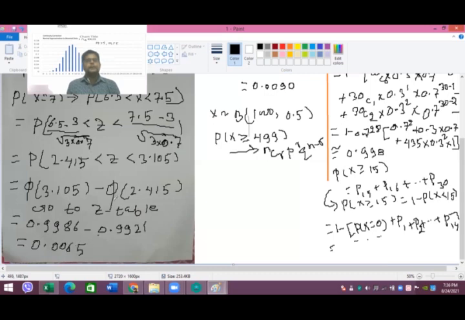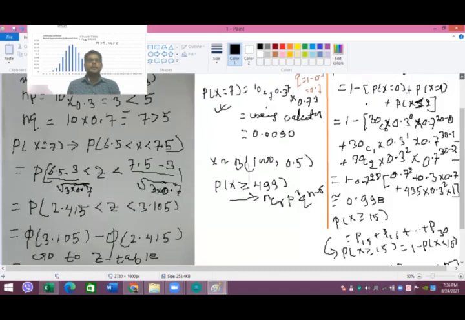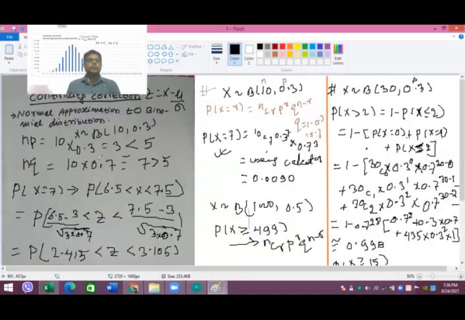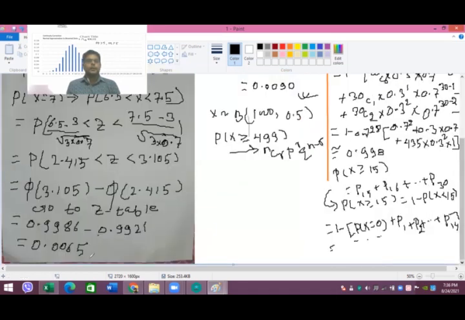So let's see that in this case the binomial distribution didn't fulfill the conditions for the continuity correction or the normal approximation. So if you compare this answer using the direct formula and the answer from the normal approximation, you can see that the answer is a vast difference.